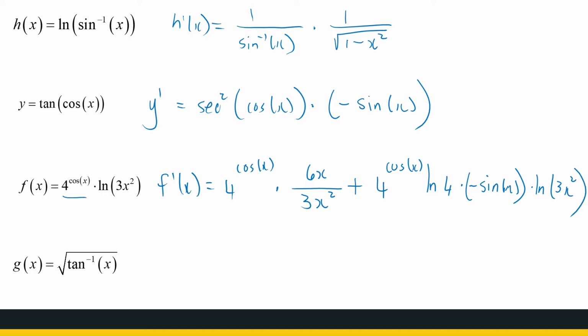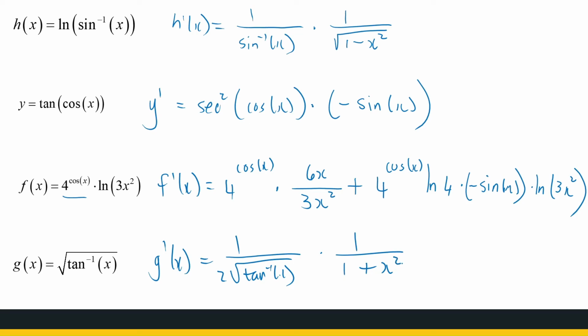The root of arctan, the derivative of the root of arctan, is then 1 over 2 times the root of arctan x times the derivative of arctan, which is 1 over 1 + x^2.